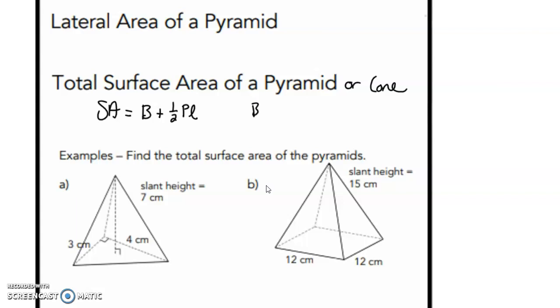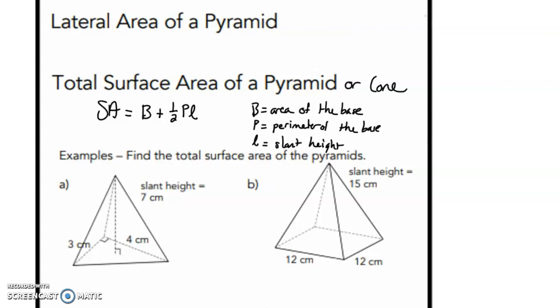Remember, capital B is the area of the base, capital P is the perimeter of the base, and the lowercase l, that's kind of cursive, is the slant height.